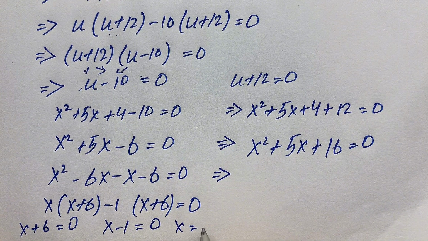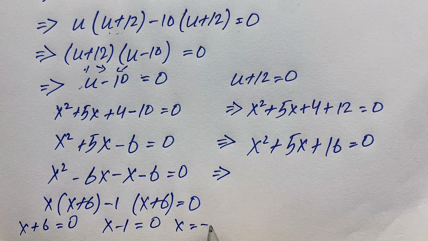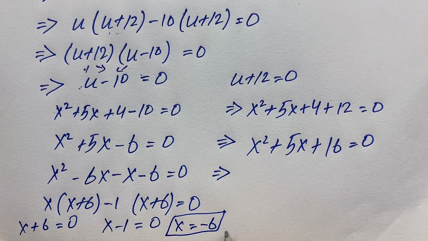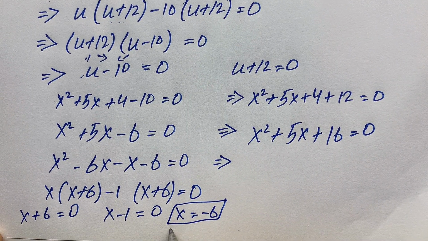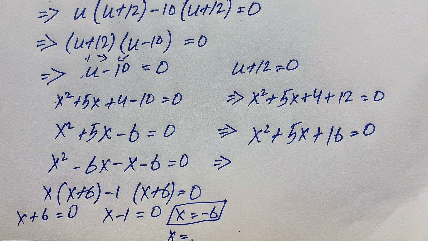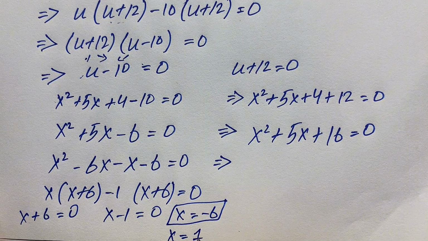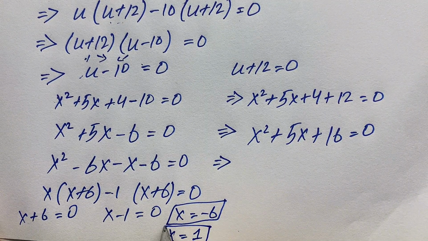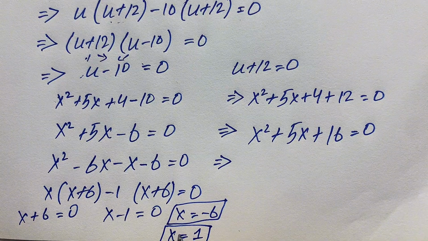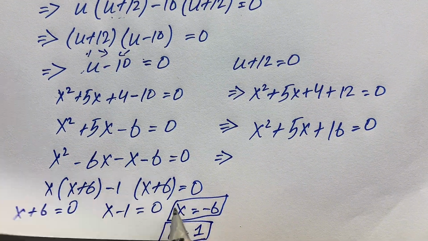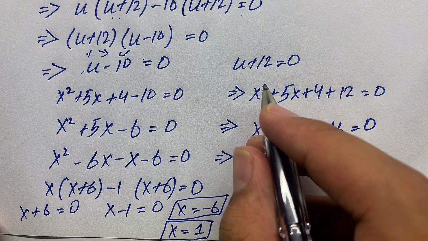x is equal to minus 6 and x is equal to plus 1. We get two values of x from this, and now we're solving this side.